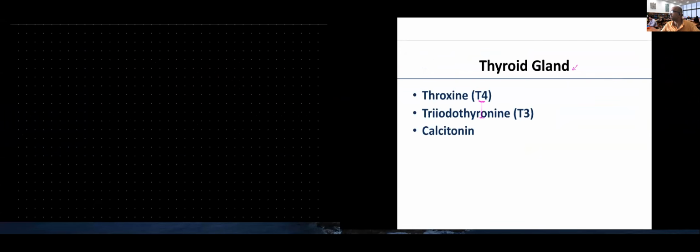Then we've got here the T3, triiodothyronine, and the fourth hormone it's the calcitonin.